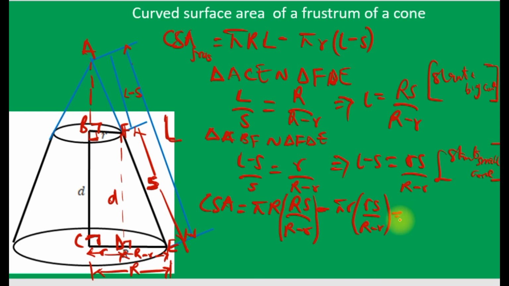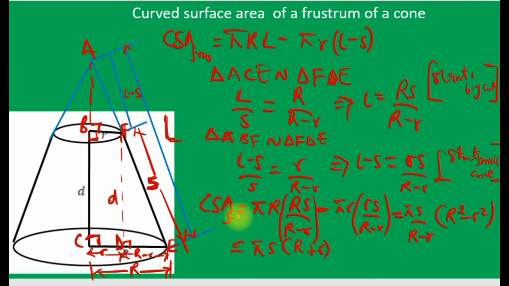So we have pi X over R minus r, remaining R squared minus r squared. And this is a difference of two squares, do you remember? So we are left with pi X (R plus r), because this is (R minus r) times (R plus r). So that's our curved surface area of the frustum.